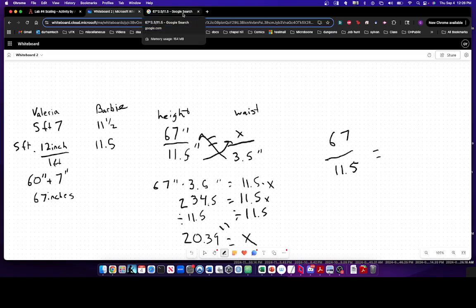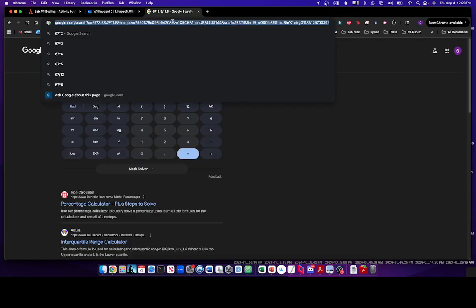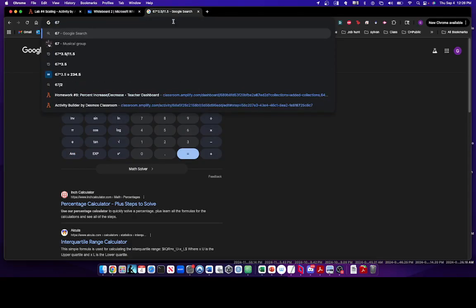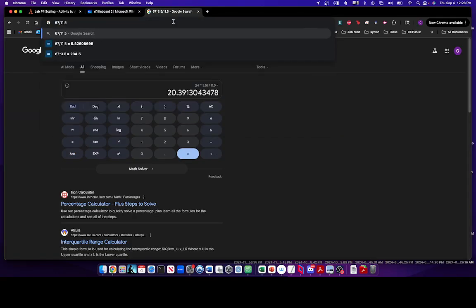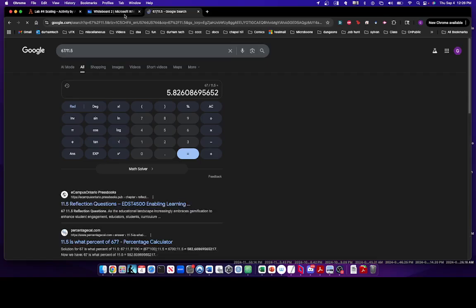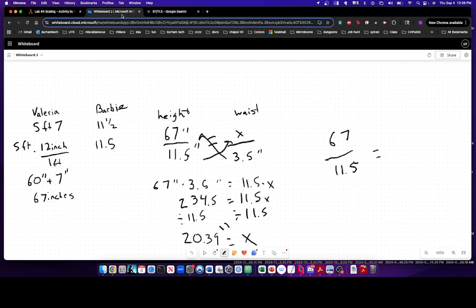It's kind of like the unit fraction method, but if I just do 67 divided by 11.5, we get 5.83. Let's keep 3 digits for a good amount of accuracy. So 5.826 becomes 5.83. And that then, whatever measurement we get, should transfer from Barbie to Valeria.